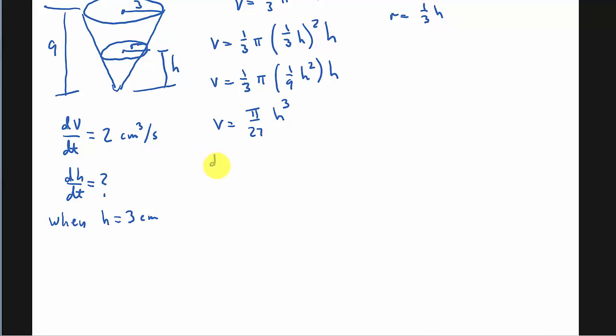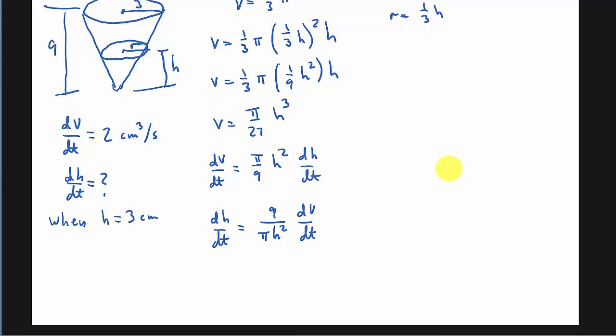All right, so now we have dV/dt is equal to pi over 9 h squared times dh/dt. And then we need to solve for dh/dt, so I just multiply by the reciprocal of that. So I get dh/dt is equal to 9 over pi h squared times dV/dt.